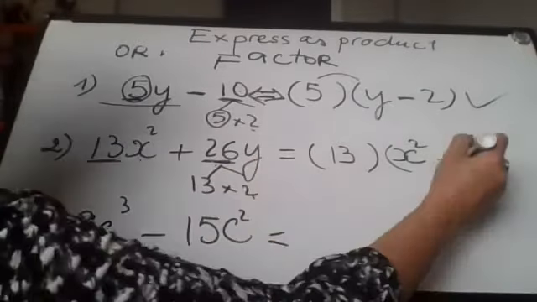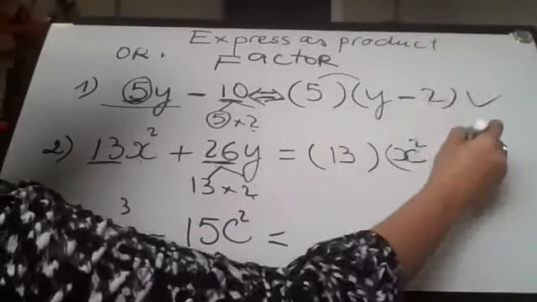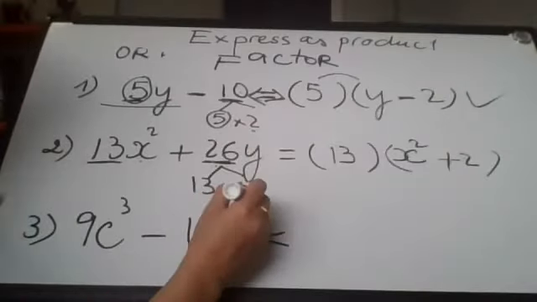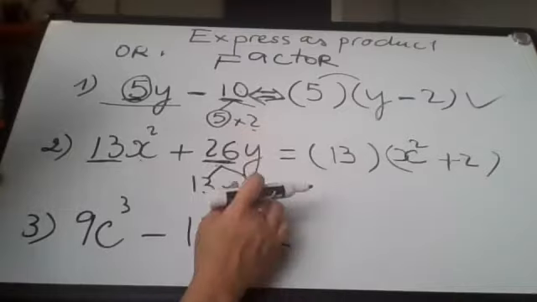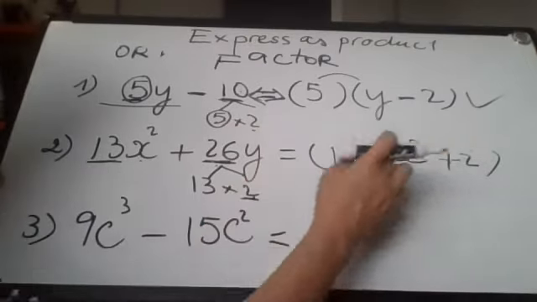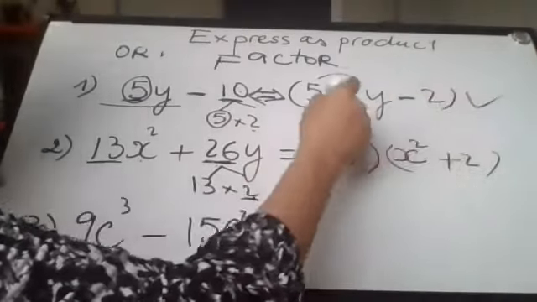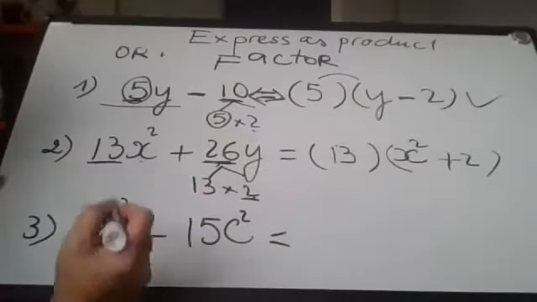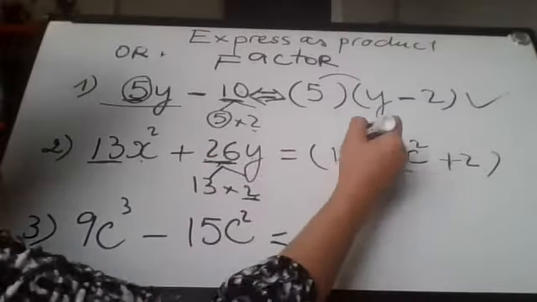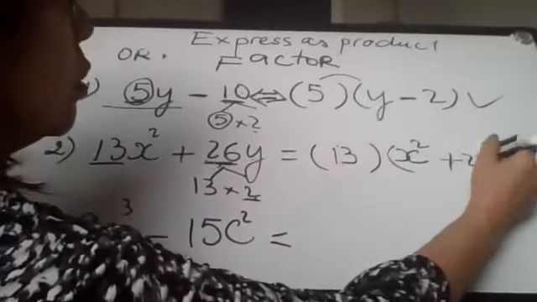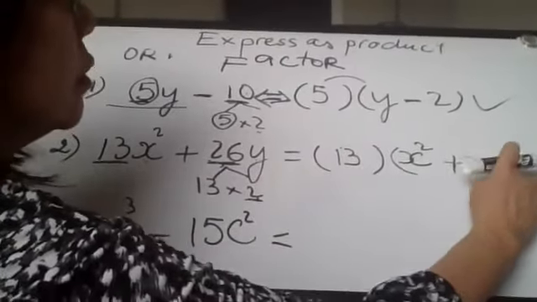So number 2 goes in here. So 13 times 2 is 26, the number left over. What about Y? Yes, you have 26Y. You want to get back to 26Y as well, so you need to put the letter Y in this bracket.